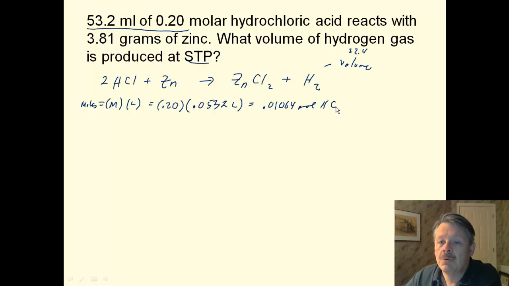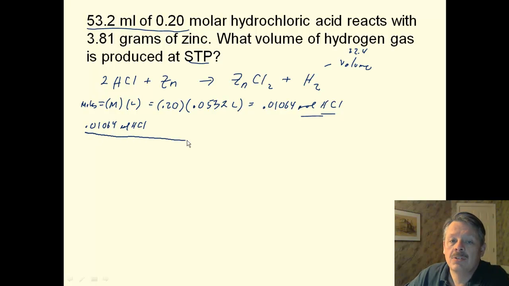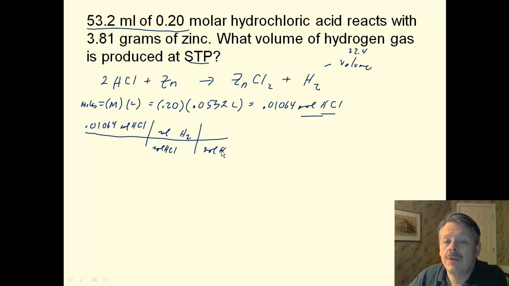Now guys, I realize I'm keeping more sig figs than I'm allowed to, but I only want to round once at the end. So that's moles of HCl. Let's go ahead and work through that one. That's 0.01064 moles of HCl. And I have to use stoichiometry to get rid of moles of HCl and go to moles of hydrogen, because that's what we're trying to figure out. And from moles of hydrogen, we want to go to liters.